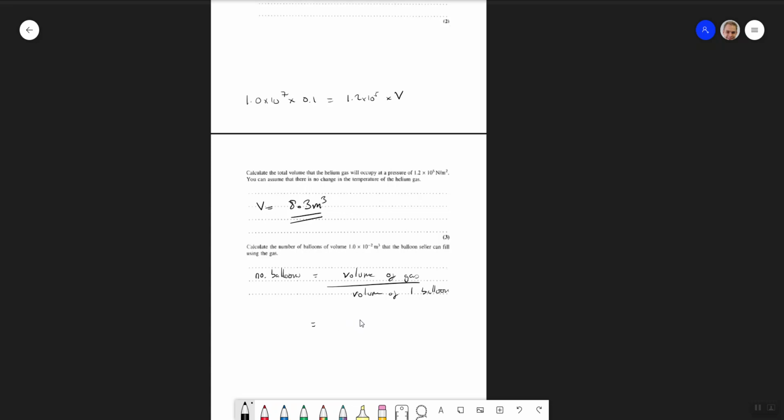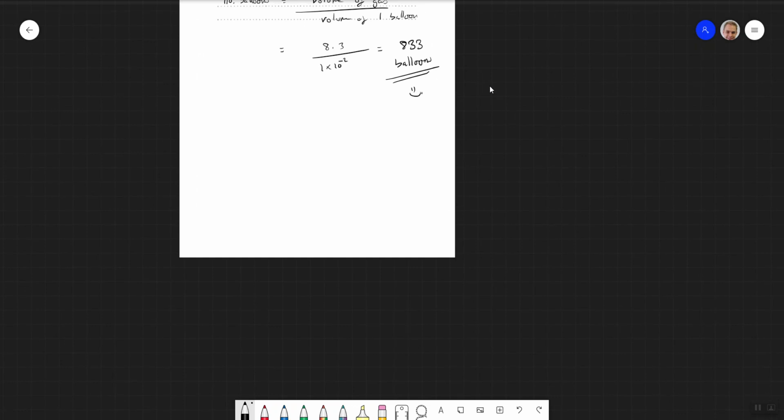So I get 8.3 divided by 1 times 10 to the minus 2. And we get about 833 balloons. And there we go. That's how we solve those problems.